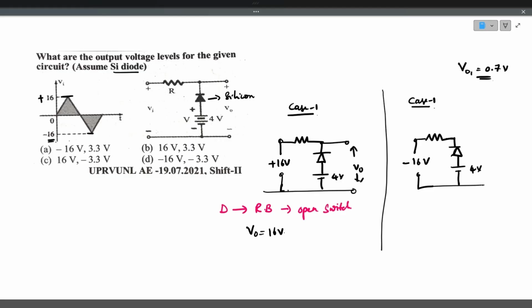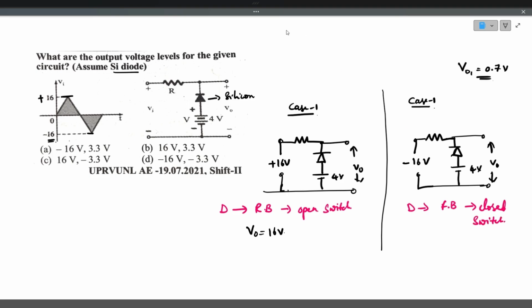In this case, if you observe carefully, the diode is forward biased. Hence, the diode starts conducting and acts like a closed switch.